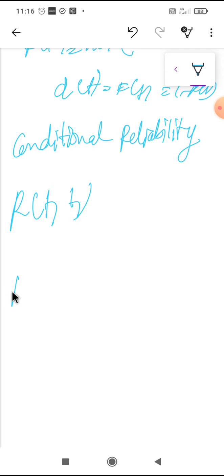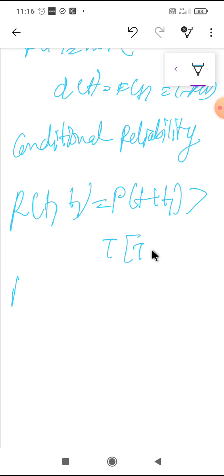So I can write R of T given T1 is equal to P of T plus T1 greater than T, given T greater than T1.